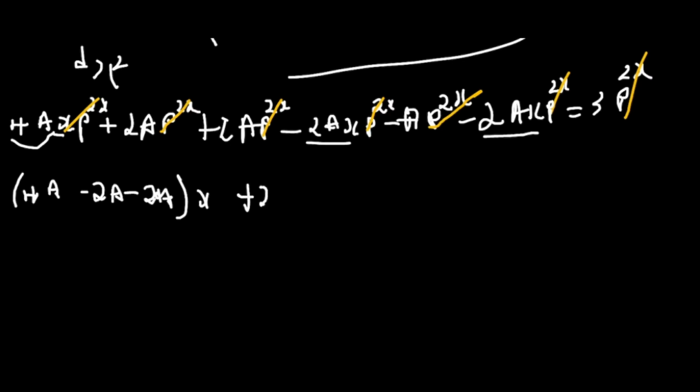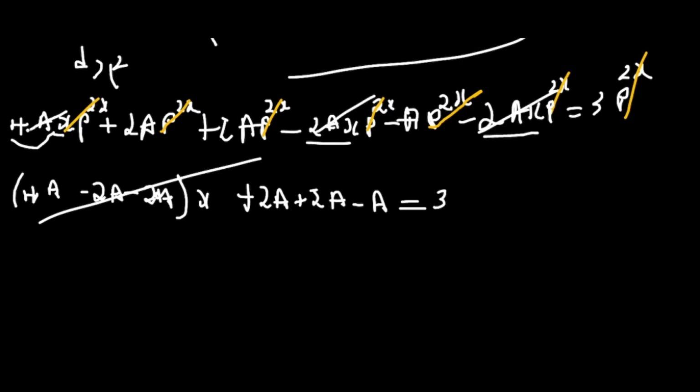Now plus 2a, all the constant terms, plus 2a minus a, all of this will be equal to 3. So the x terms cancel out, and we'll be left with 3a. So 3a should be equal to 3. This implies that our a should be 1.